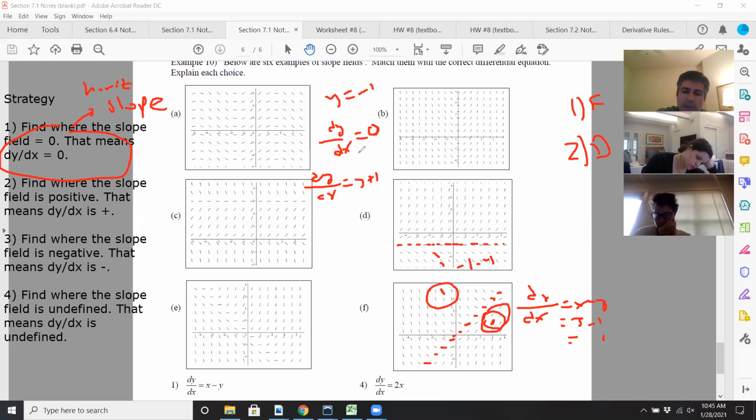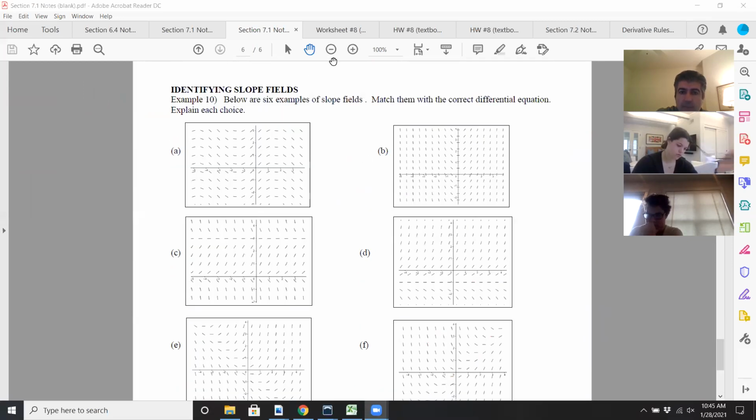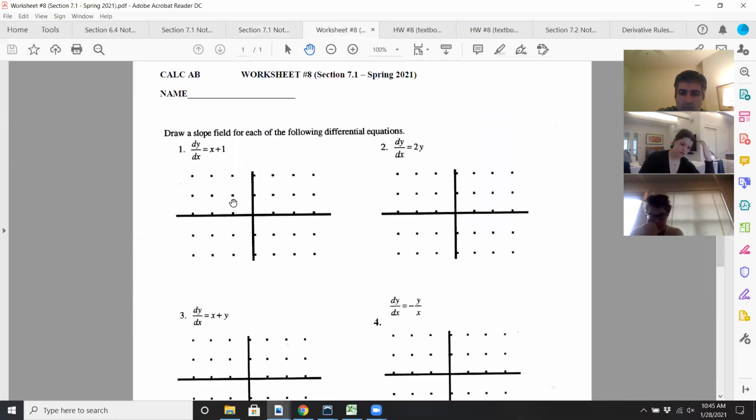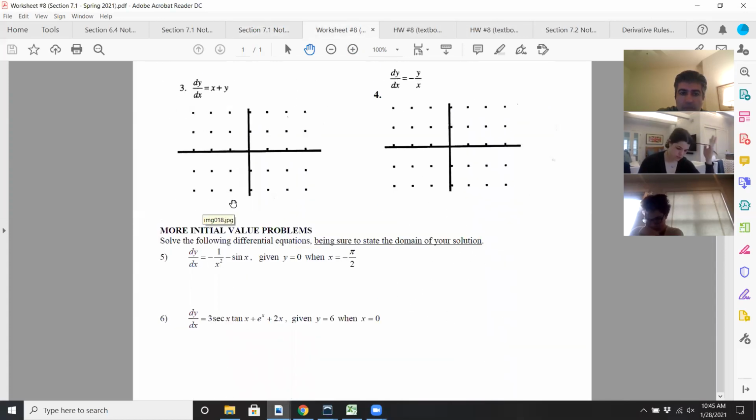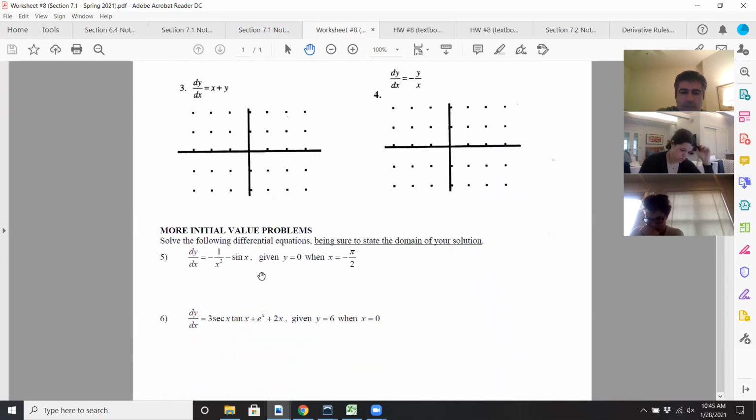What I'm going to have you do in the breakout room is try to do 3, 4, 5, 6 on your own. See what you get. If you finish that early, then start worksheet 8 and draw the slope fields for 1, 2, and 4. And there are some initial value problems here. And of course, the worksheet will be part of the homework too.